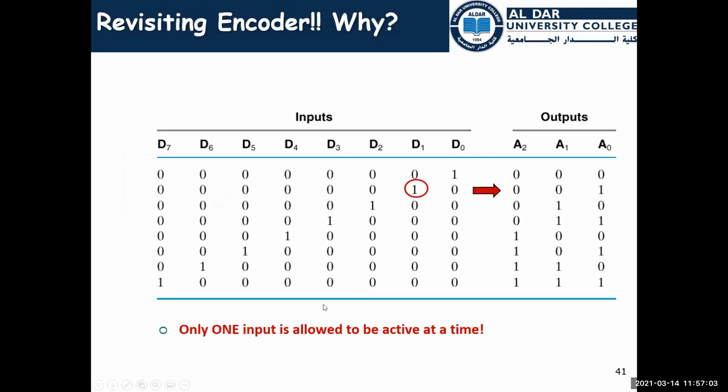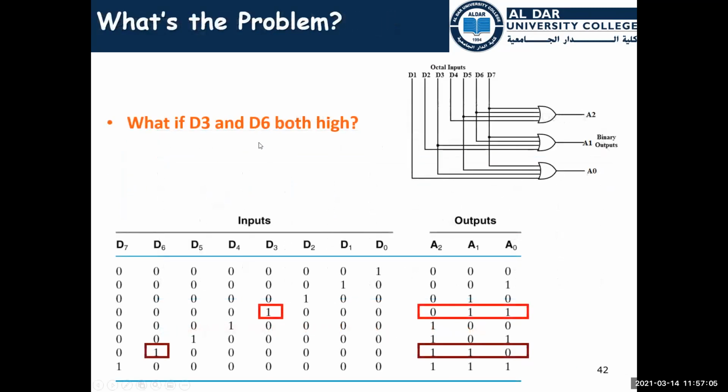As you see here, you have the corresponding diagram of the encoder. If D6 and D3 are active at the same time, it's not allowed, but if they are active, we will select D3 or D6.